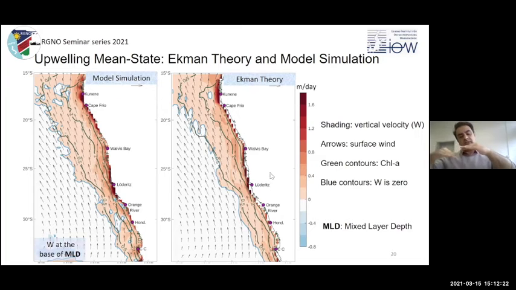For the rest of the upwelling system, like in the south, these two are in phase in terms of annual cycle, but it's not the case in the north. In winter, we have intensification of wind, but a slowdown in wind stress curl. This explains a large part of this alternating behavior between these two.